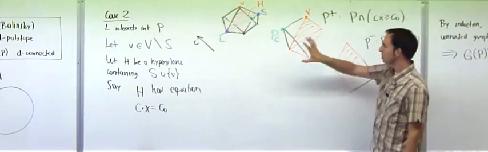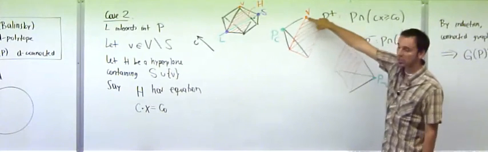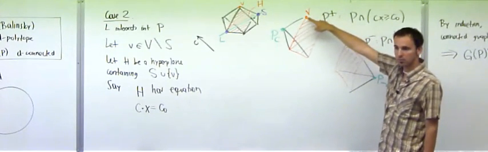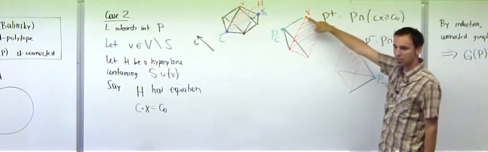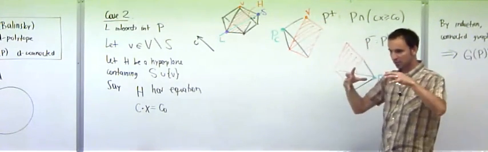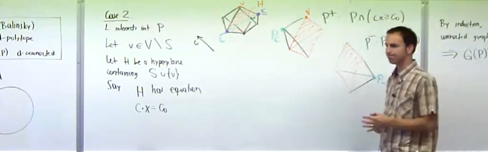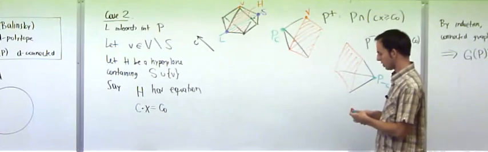So by induction, this part of the graph is connected, this part of the graph is connected, and they share the vertex V. And V is not in S, so that's not one of the guys that you deleted. So if both sides are connected and they have a common vertex V, that means that the whole thing is connected. Okay.